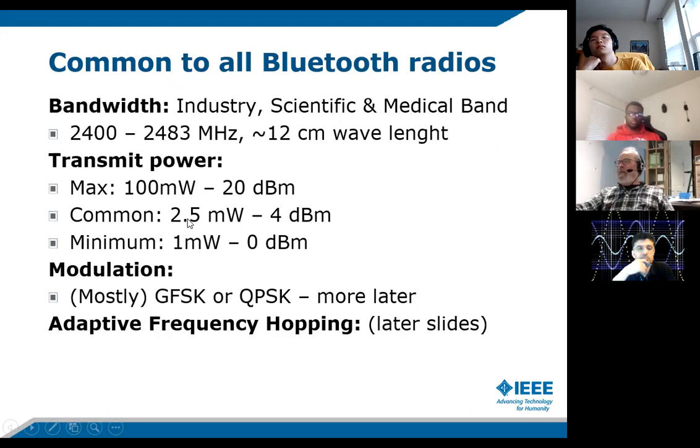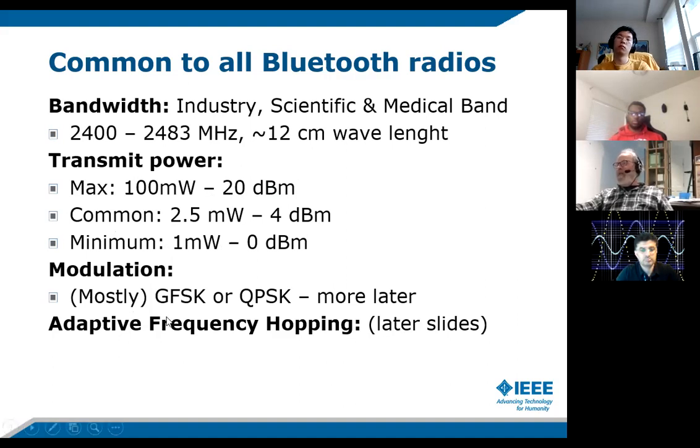Most commonly, it's 2.5 milliwatts, which is 4 dBm. 100 milliwatts is 20 dBm. That's decibels with respect to a milliwatt. Does that make sense? So minimum power is a single milliwatt, which would be 0 dBm.